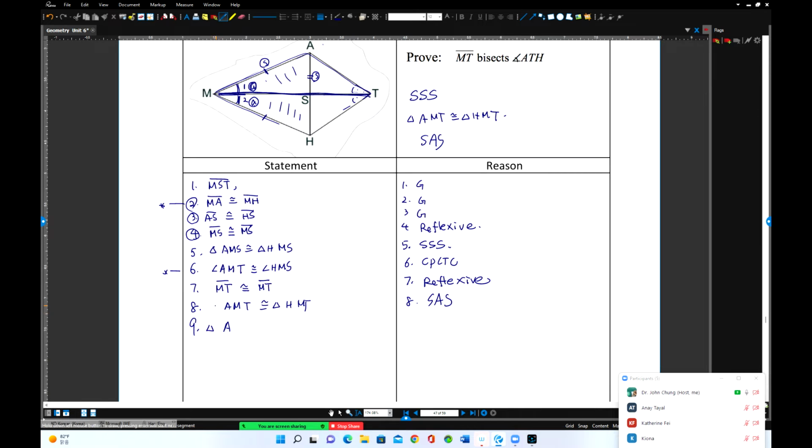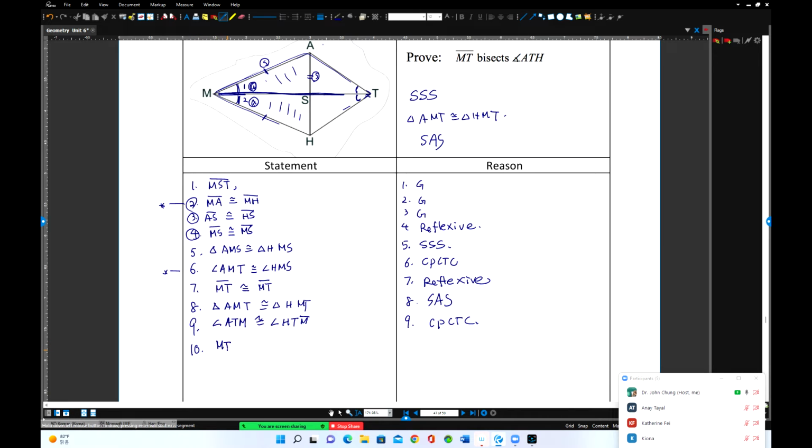No. We did over here. Okay? After that, corresponding side, okay? Angle ATM congruent angle HTM, right? Because these two angles are congruent. Okay, there is another CPCTC. Because these two angles are congruent, MT must be what? Bisector of angle ATH.